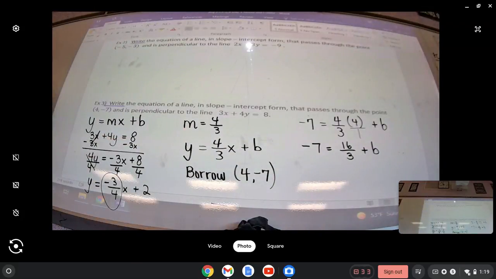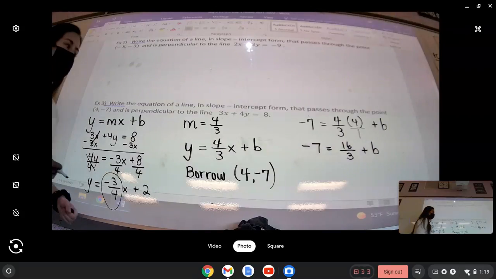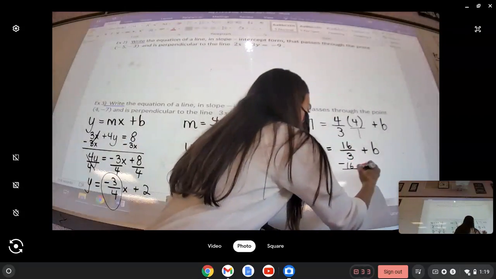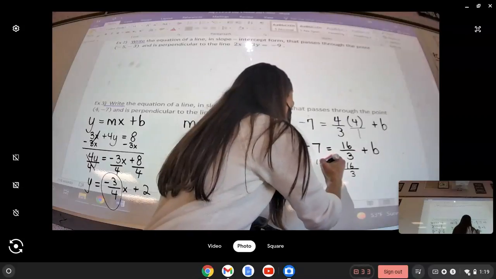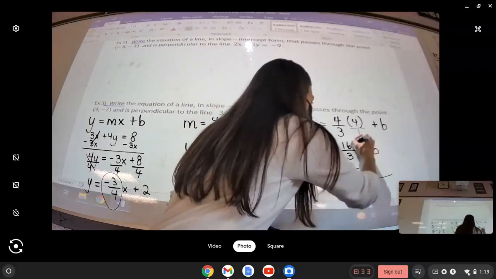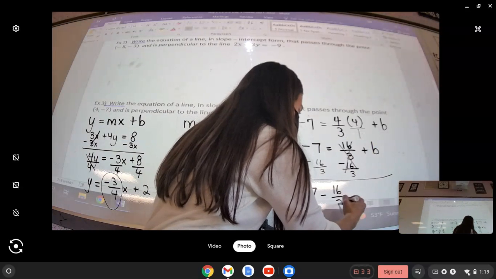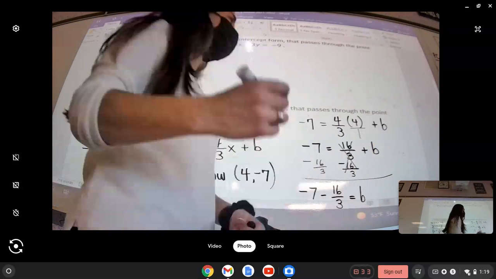Then you got to get B by itself. To get B by itself, minus that right away. It's positive, so we'll subtract it to the other side. So now -7 minus 16/3 is B.